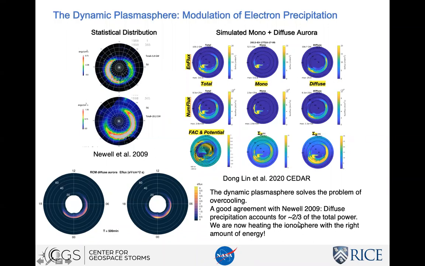About two thirds of the total power is contributed by the diffuse precipitation, and also you can see the spatial location of this precipitation agrees very well with statistical data. So we're very confident to say we're now heating the ionosphere with the right amount of energy.